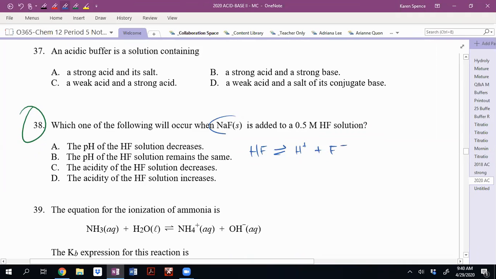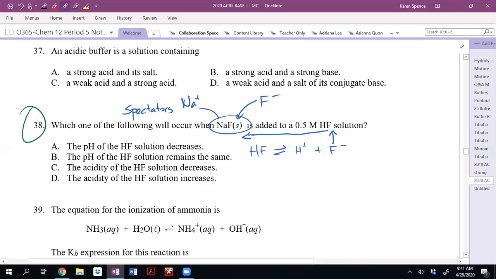And if we're adding NaF, we're really adding sodium ions, which are spectators. And we have fluoride. So what's going to happen is fluoride concentration is going to increase. That's going to cause the system to shift to the left.